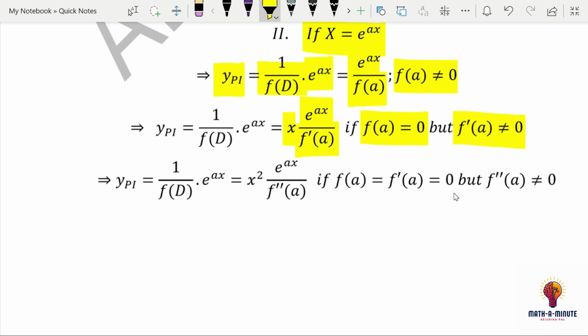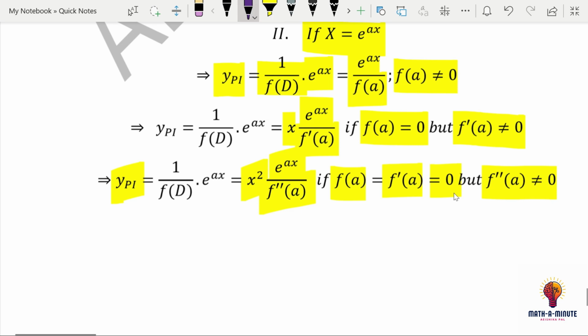And if f of a and f dash a equal 0, but f double dash a is not equal to 0, then the particular integral will be x square e to the power ax divided by f double dash a.